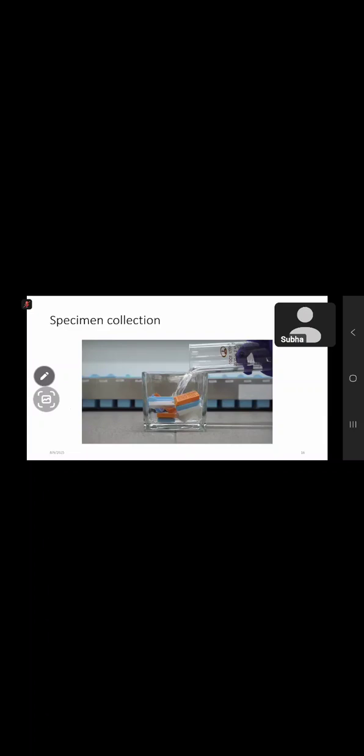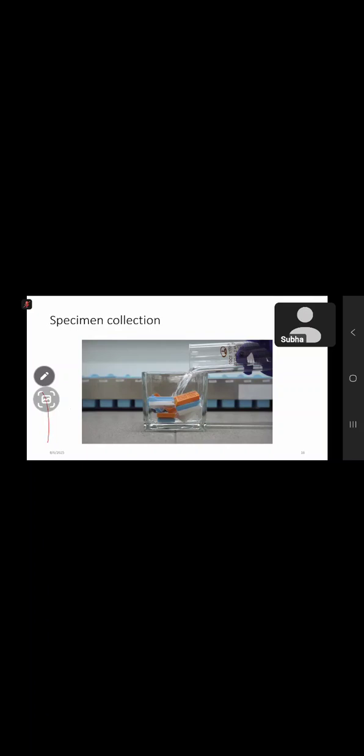First of all, we have to collect the samples very perfectly, because if we make mistakes during sample collection, it can affect the whole process, including tissue processing, microtomy, and staining.